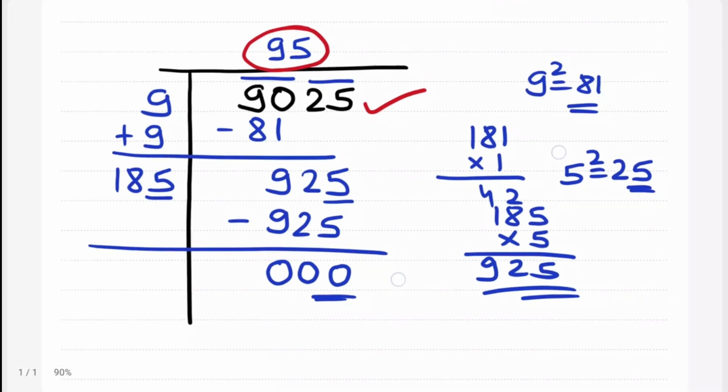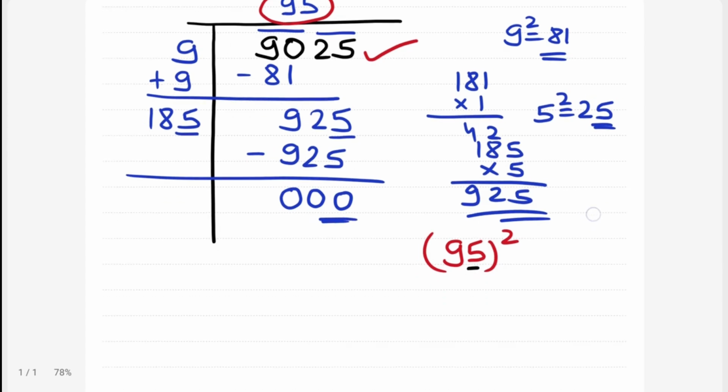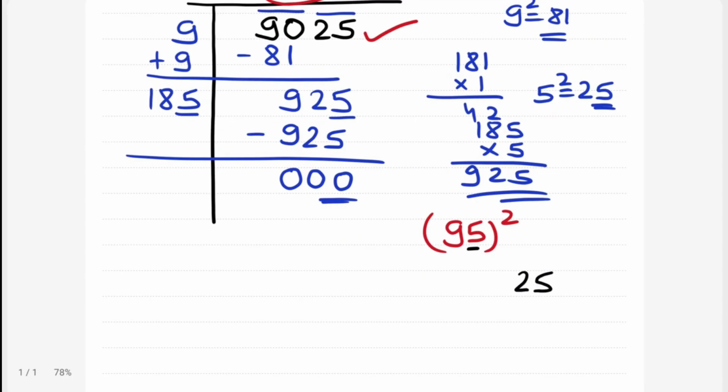Now we will check this with the trick to find the square of a 2-digit number. So here we will find the square of 95. First of all, we will square the digit 5, and that is 25. Next, we will square the digit 9, that is 81. Now we will multiply 9 with 5 and then with 2 to get 90.